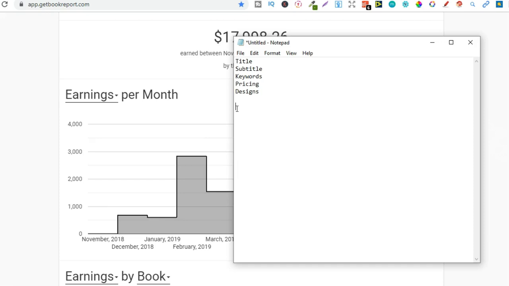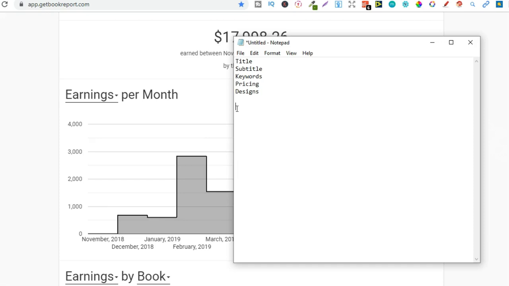Because if most people are pricing those books in that niche at, say, $6.99, and then you go straight in with a book priced at $8.99, you're going to find it extremely hard to make those sales. So always do a little bit of research, see what the prices are on the best-selling books within that niche, and then price accordingly.